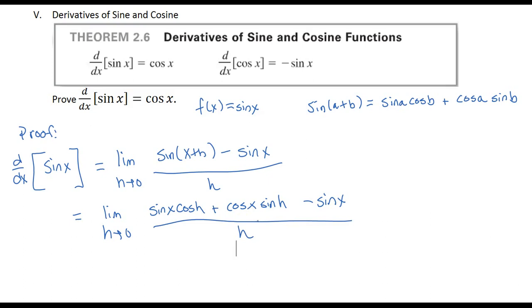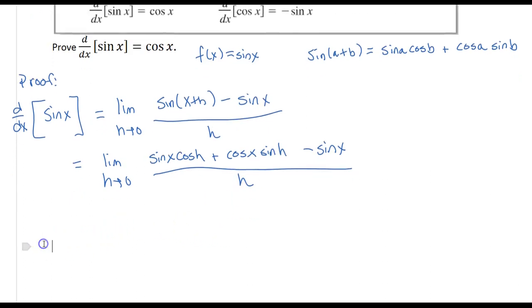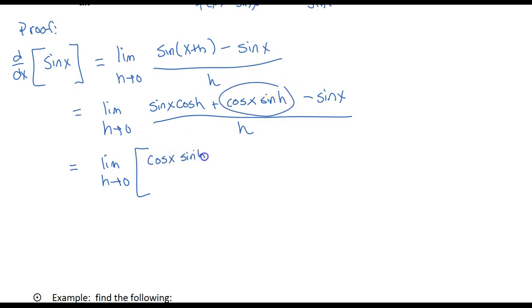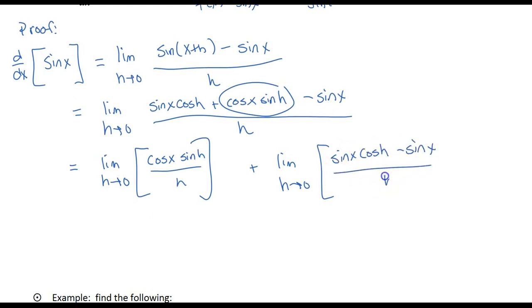Okay? And here, instead of actually factoring something out, we're going to split this up into two limits. So we'll make this the limit as h approaches 0 of, we'll take this middle part right here, cosine of x sine of h divided by h, and then we'll have the limit as h approaches 0 of the other two parts here, sine of x cosine of h minus sine of x, all divided by h.